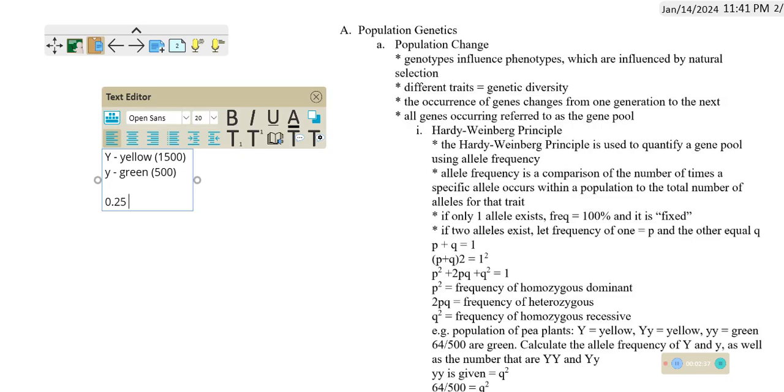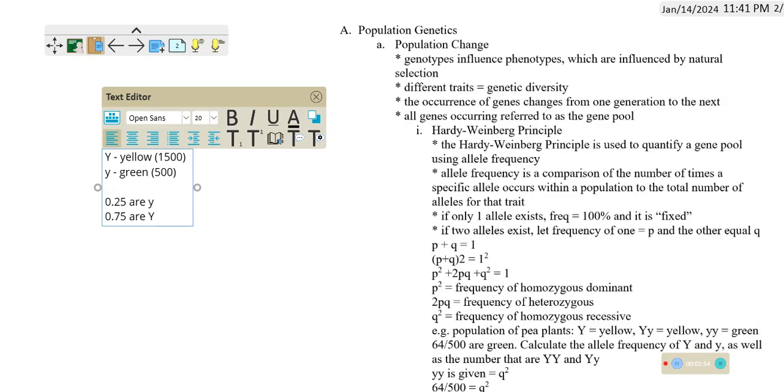So 0.25 are little y, and that obviously means that 1,500 out of 2,000, 0.75, are big Y. Okay, so that would be our allele frequency.